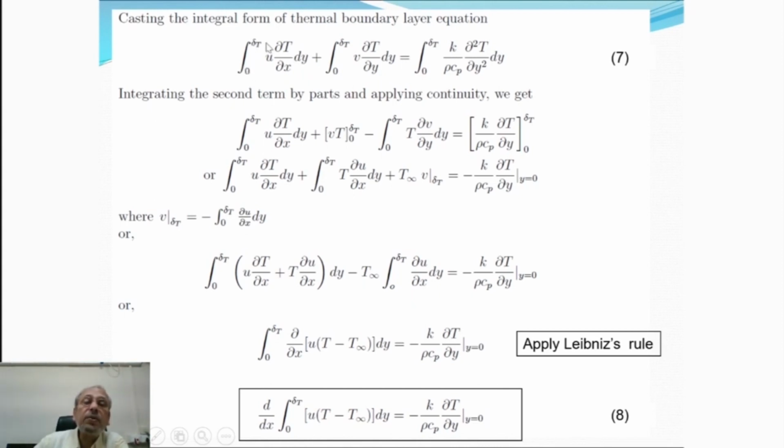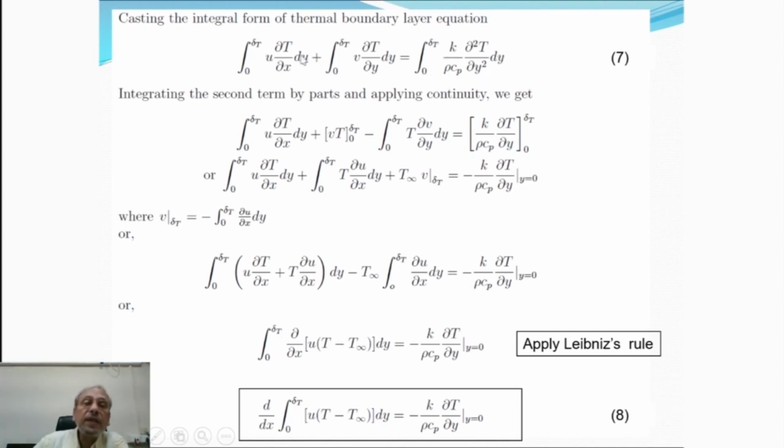So integral 0 to delta t u del t del x dy. This was the first term. Second term will be again integral 0 to delta t v del t del y dy equal to, right hand side, k by rho cp del squared t del y squared integrated between 0 and delta t dy.